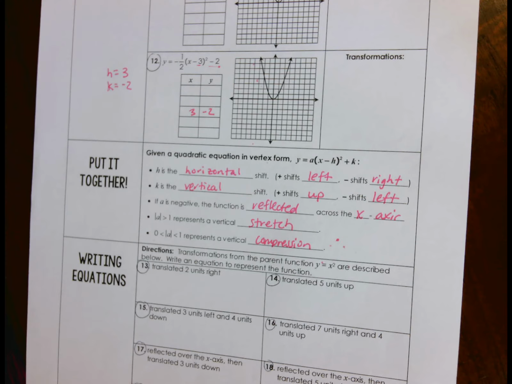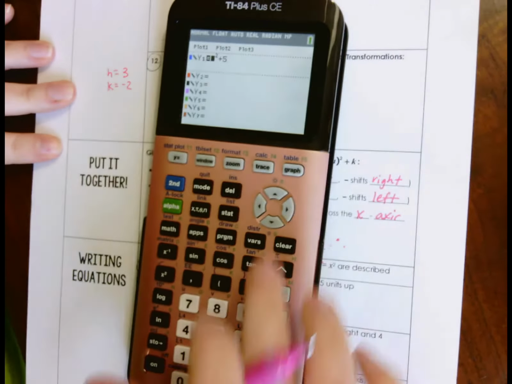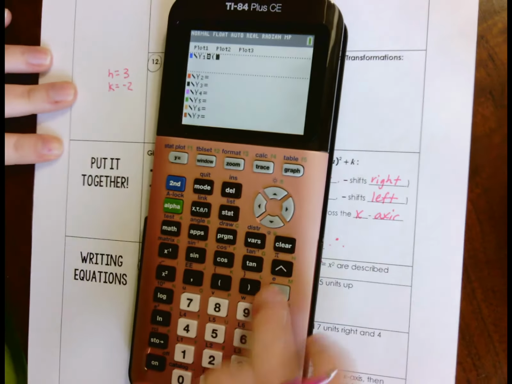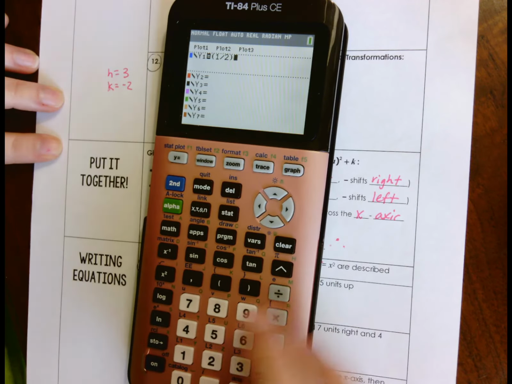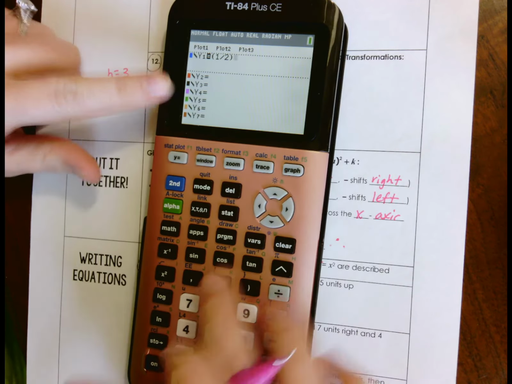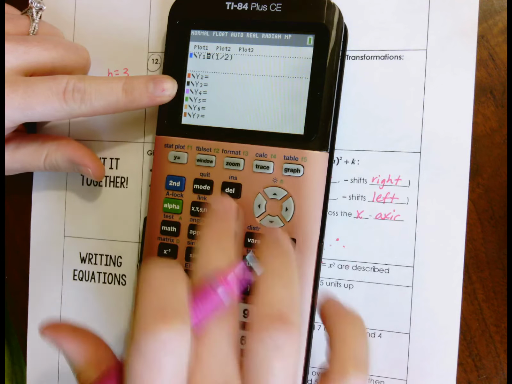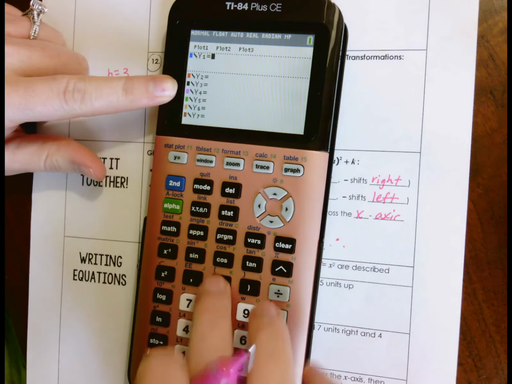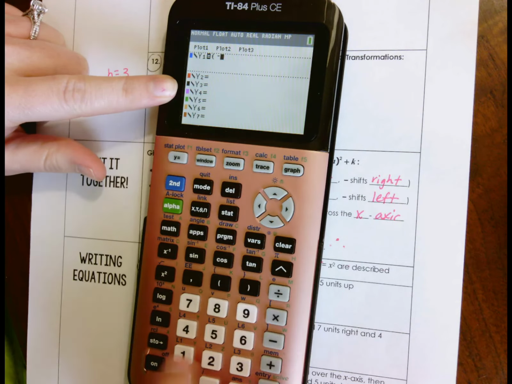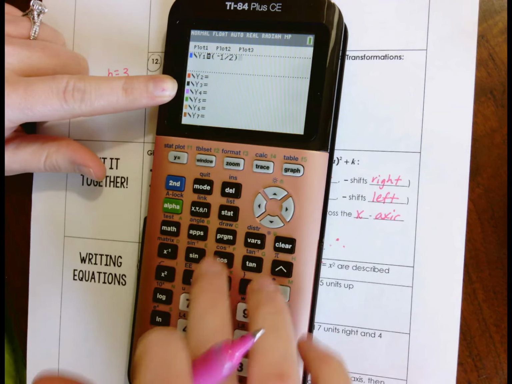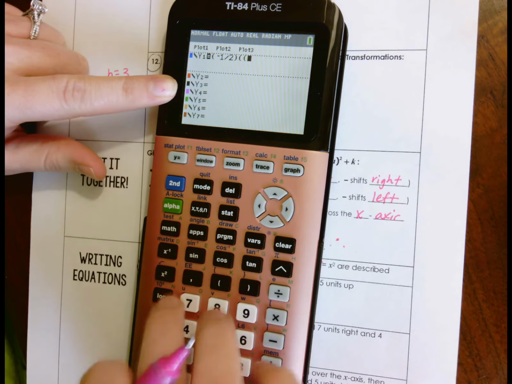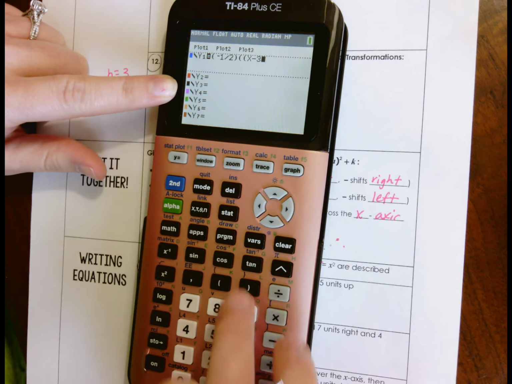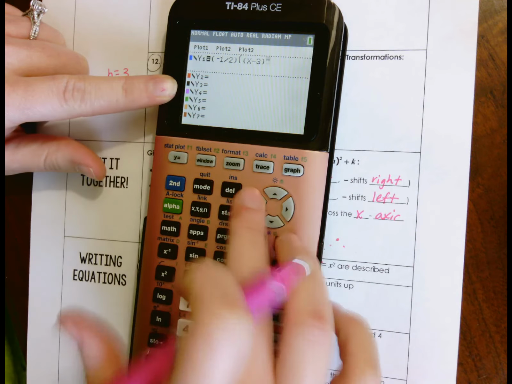Remember I like to keep our fractions in parentheses, and it's actually a -1/2, so let me just start over. Alright, so -1/2, and then we have x minus 3 raised to the 2nd power.